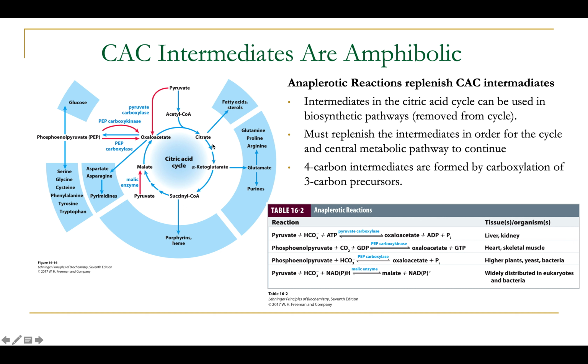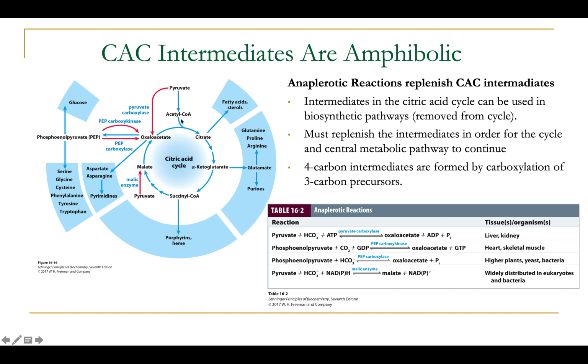And this raises a very important problem: how could the intermediates be replenished to run the reactions of the citric acid cycle smoothly? The problem is that, as we discussed, when acetate is oxidized through the citric acid cycle, there is no gain or loss in the intermediates.